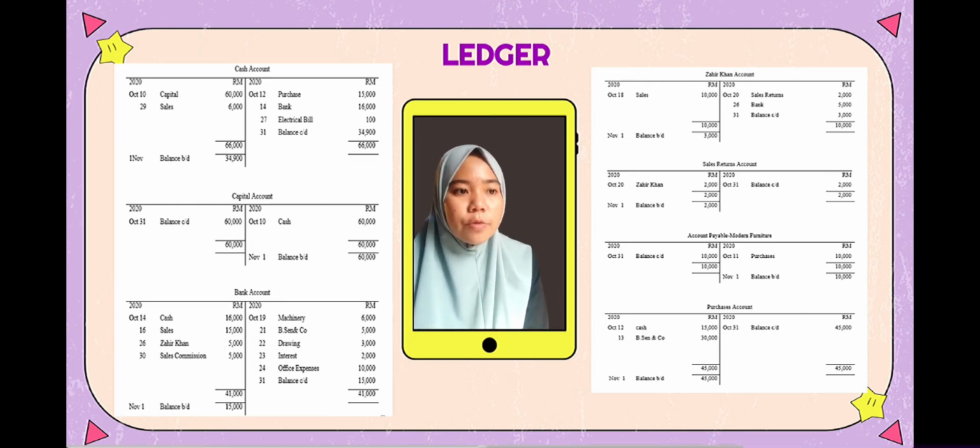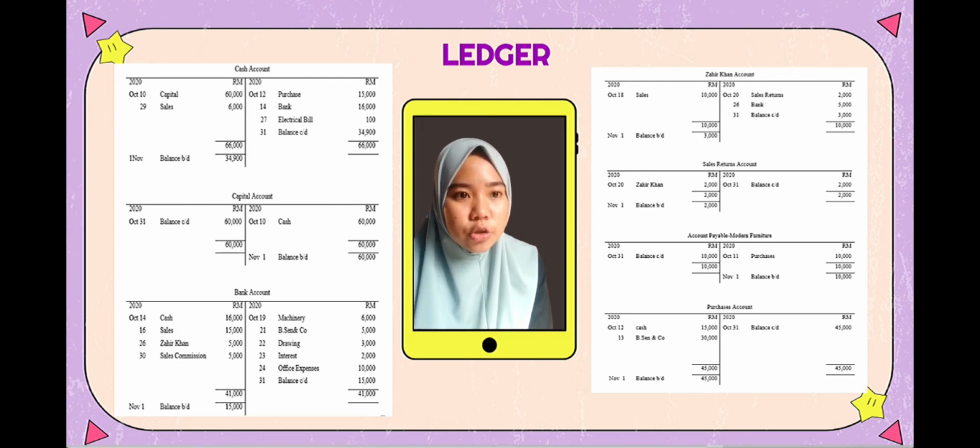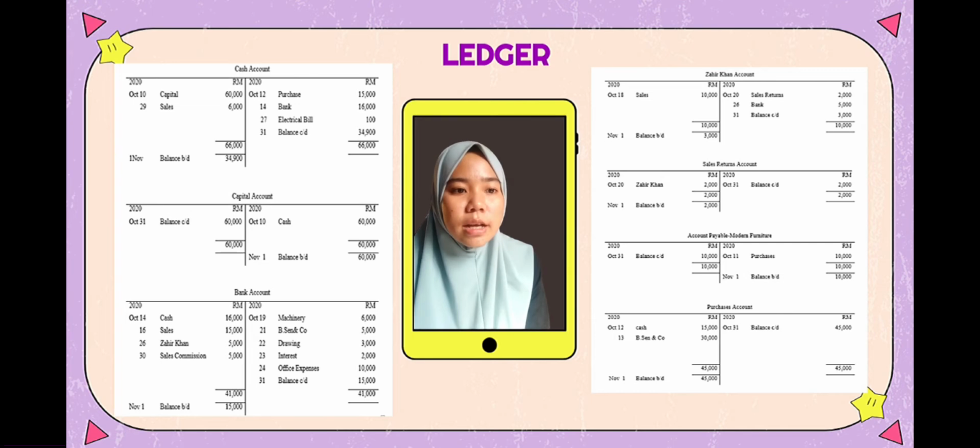For the bank account, on 10 October cash has 1,600. Sales have 1,500. Zahir Khan has 500. Sale commission 500 and the total is 41,000. On 19 October machinery has 600. B and Sin Co 500.